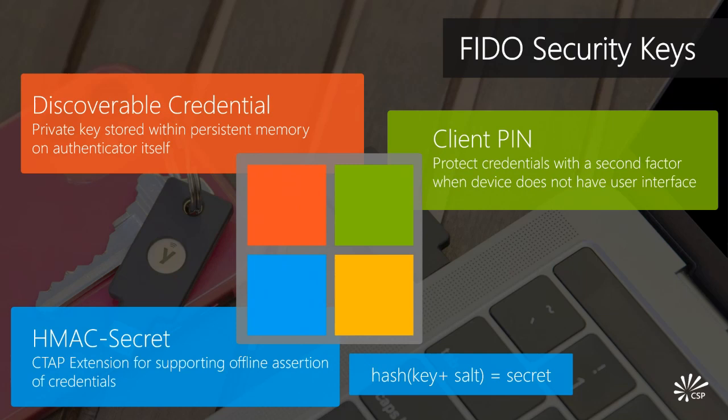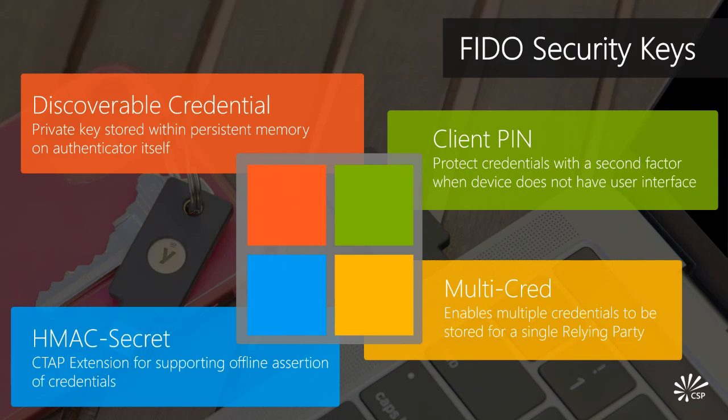This secret is generated based on two values: a key created and stored only on the authenticator, so the FIDO key itself, and then a random salt value, which is generated and stored only at the client. Because both sides know the hashed value of that combination, when we combine those values and hash it, the client and authenticator can validate whether it's the same expected value, even though the authenticator only has the key, the client only has the salt, but they both know the hash. That should let you use a FIDO key to authenticate against Windows, even when you can't talk to Azure AD.